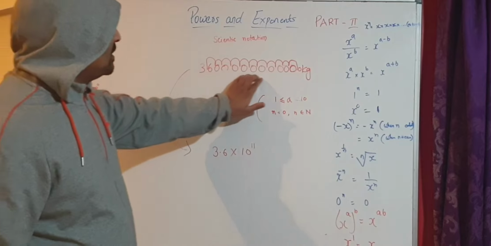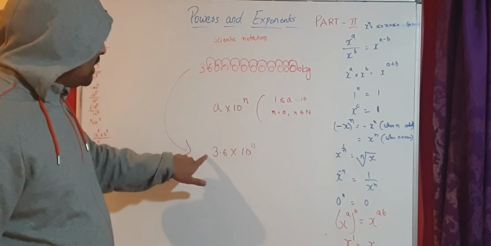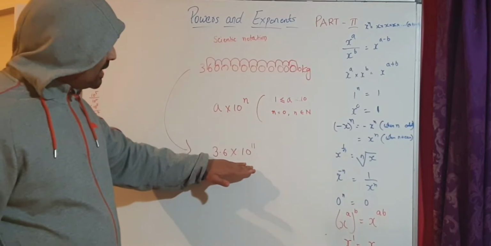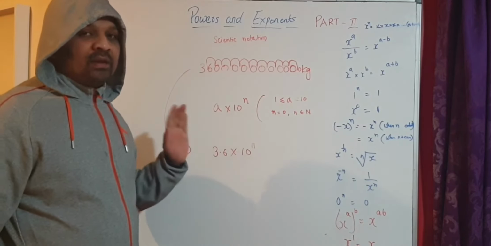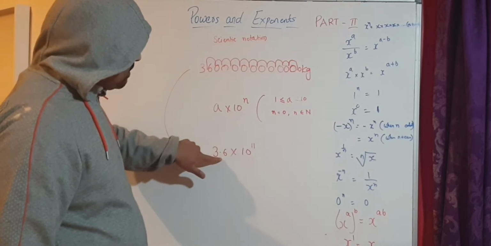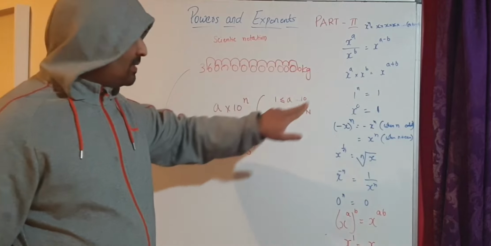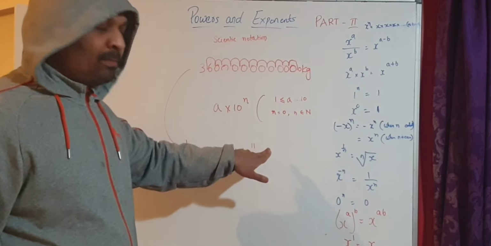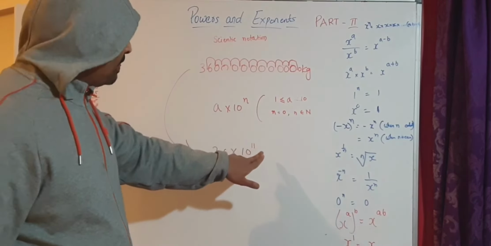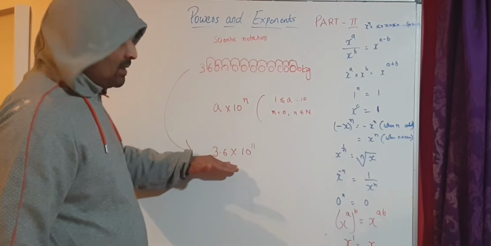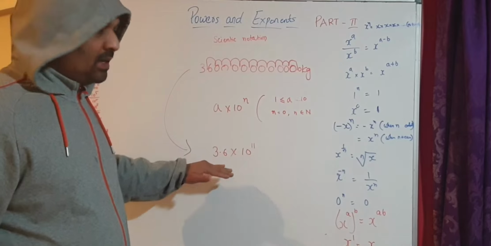This number can be written this way, and this is said to be written in scientific notation. If you compare it to this format, a is 3.6, that condition is satisfied, and n is 11, a whole number, so that condition is also satisfied. So I have written the given number in scientific notation.